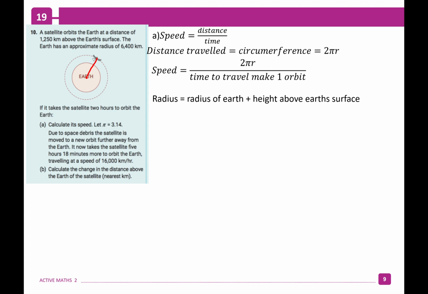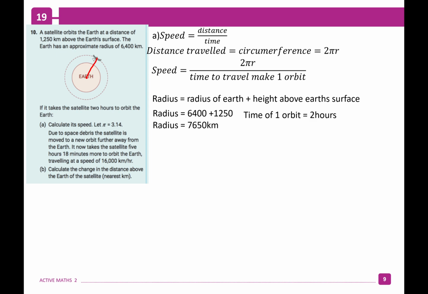So we need to look at the dotted circle, and we're finding the radius of that dotted circle. So that's going to be the radius of the Earth plus the height above the Earth's surface. So the radius for the circle is 6,400 plus 1,250. That means the radius of our circle is 7,650 kilometers.